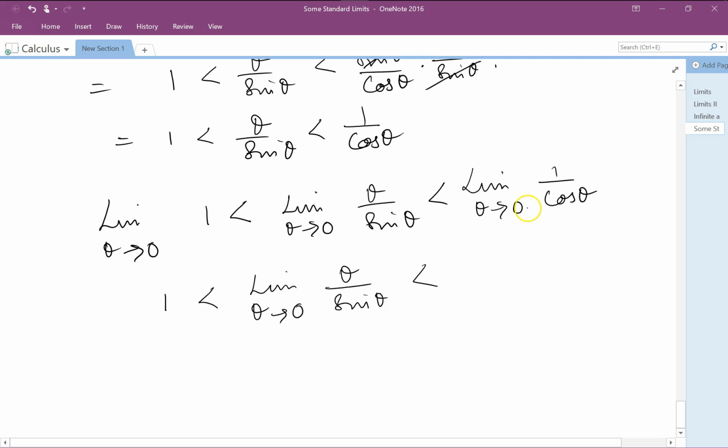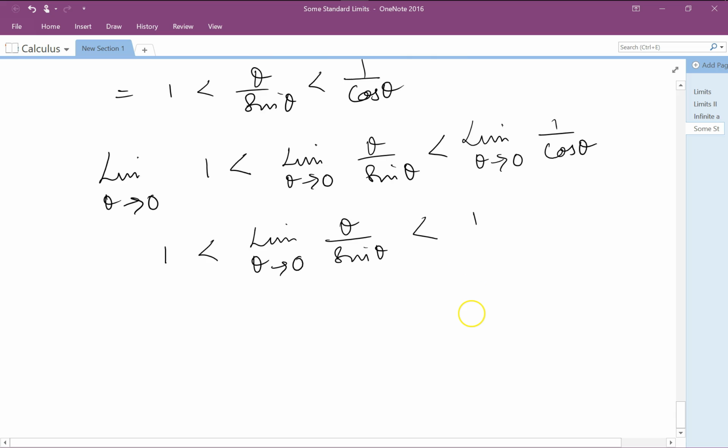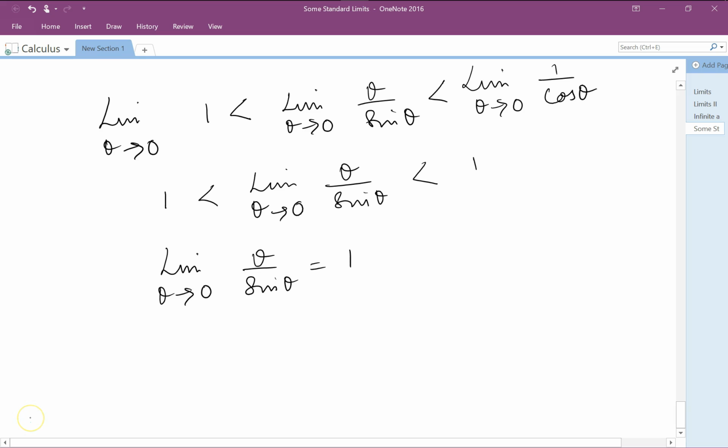On the right, 1 by cos 0 is 1. So when we say 1 is less than something and that something is in turn less than 1, that means it is equal to 1. This also implies that if we take the reciprocal, sin theta by theta is also equal to 1.